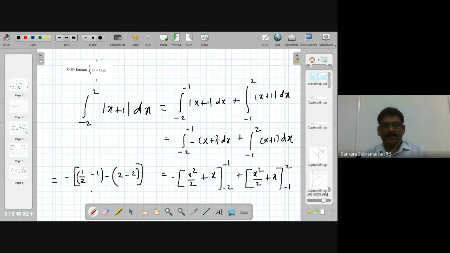Okay. Plus, again, if you go for this second term, for the upper limit, 2 square, 4 by 2 is 2 plus 2. Okay, upper limit minus. If you go for the lower limit, you get 1 by 2, and this is minus 1.